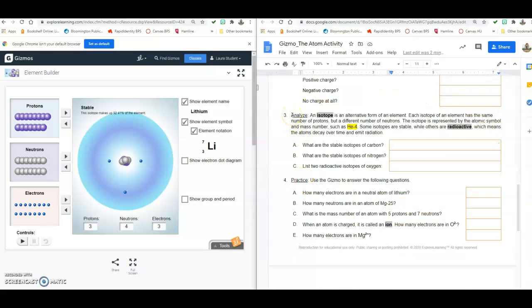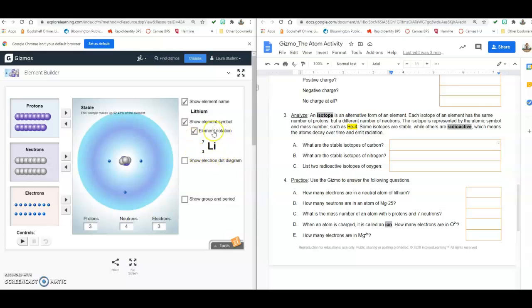All right, let's take a look at number 3. Number 3 says analyze, so we're going to do some thinking. An isotope is an alternative form of an element. Each isotope of an element has the same number of protons, but a different number of neutrons. The isotope is represented by the atomic symbol and mass number, such as He4.